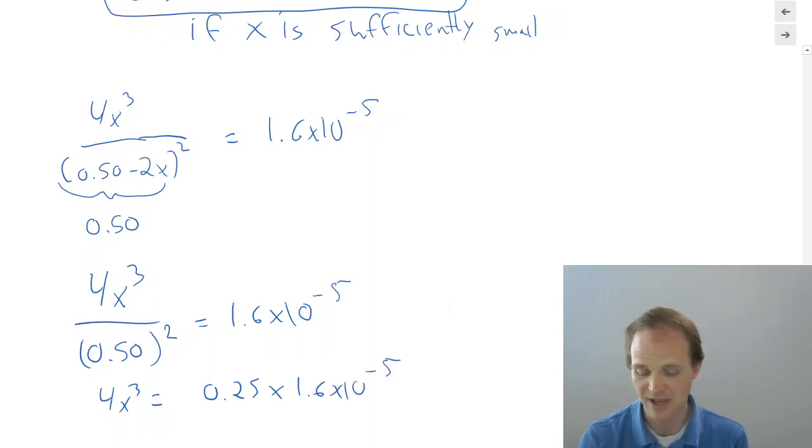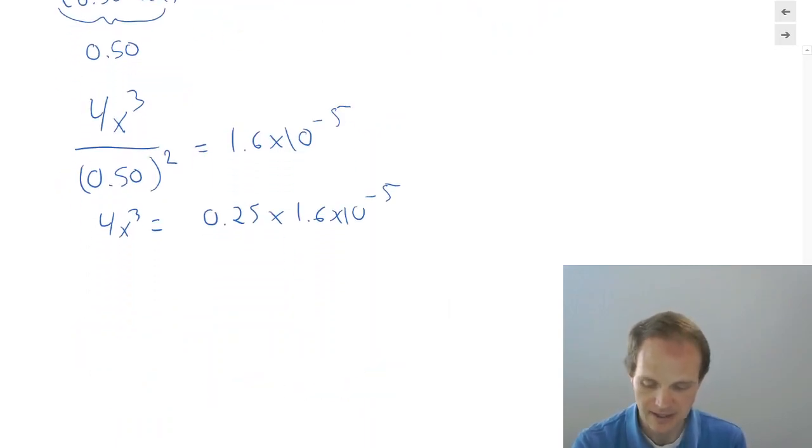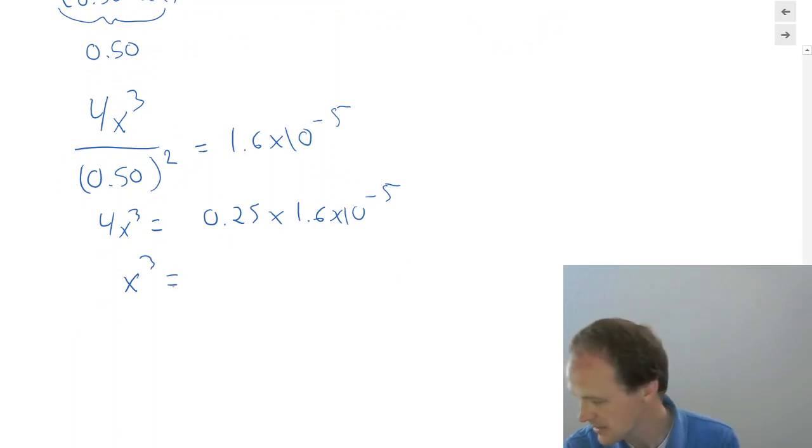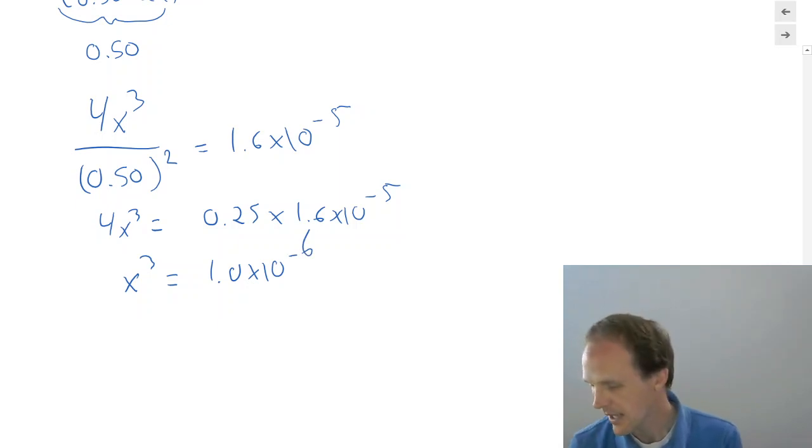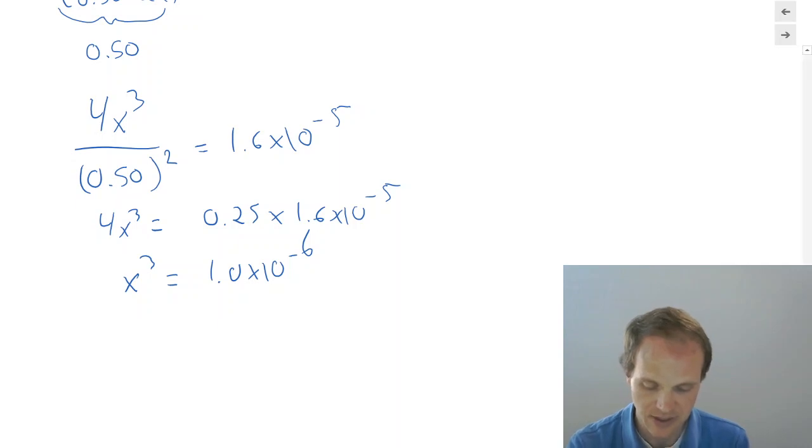I divide both sides by 4, and then I get that x cubed is equal to 1.0 times 10 to the minus 6. And if x is 1.0 times 10 to the minus 6, x cubed, I'm going to take the cube root of both sides.